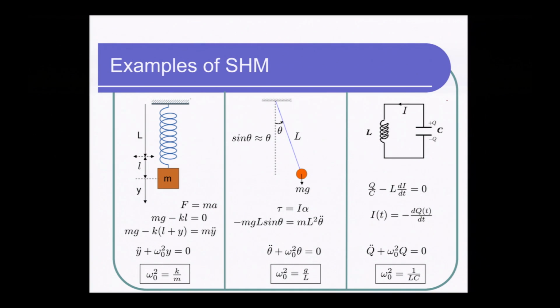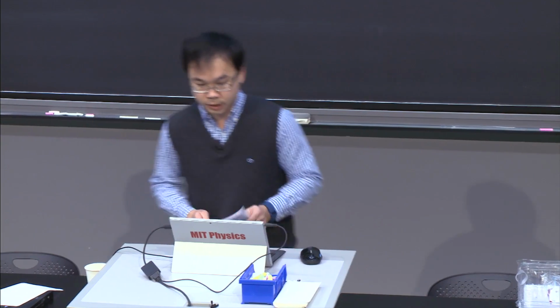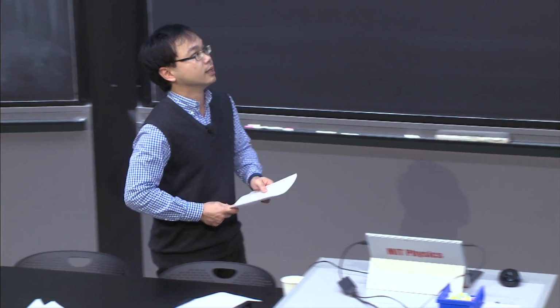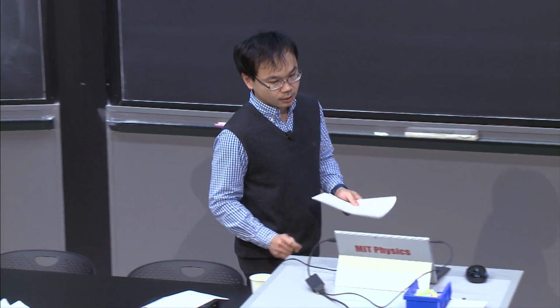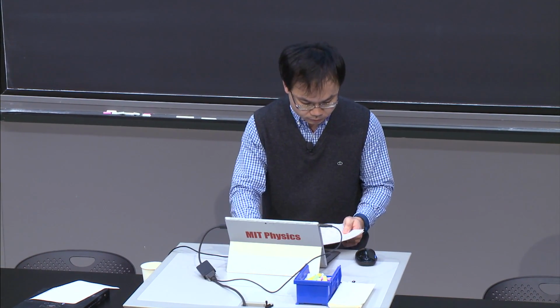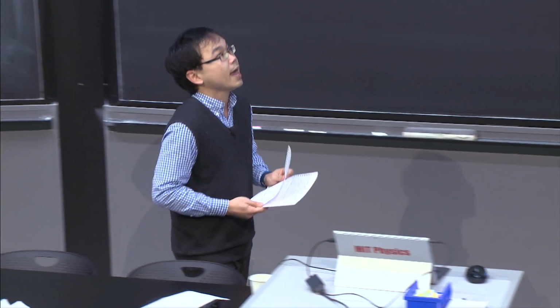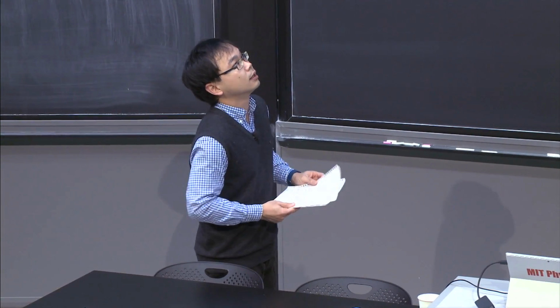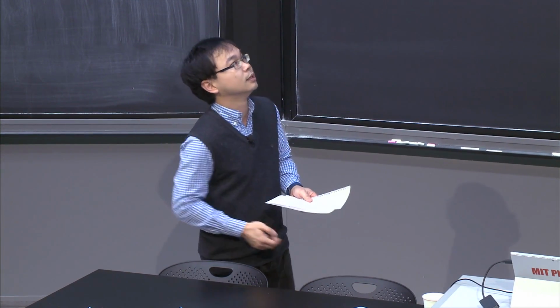It's theta double dot plus omega 0 squared theta equals 0 for those idealized simple harmonic motions. And we learned that the solution of those equations is the same, which is a cosine function.